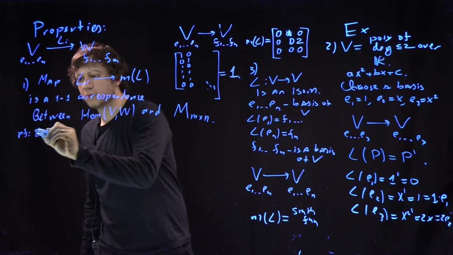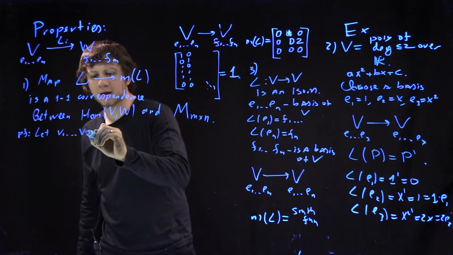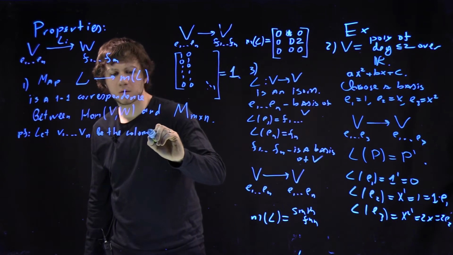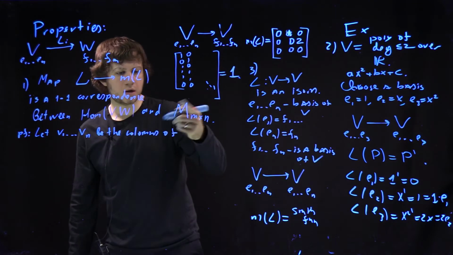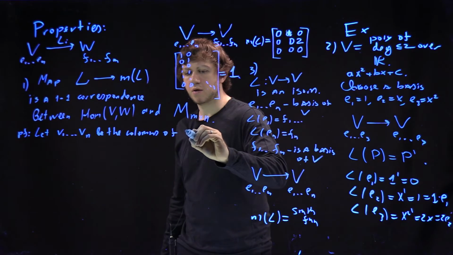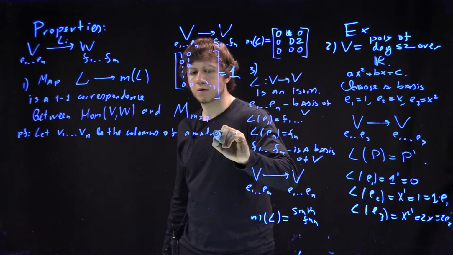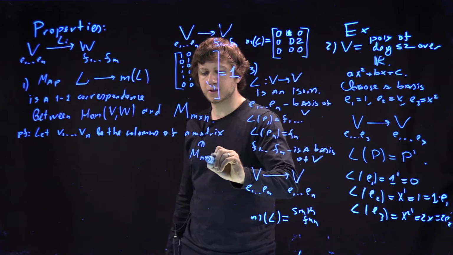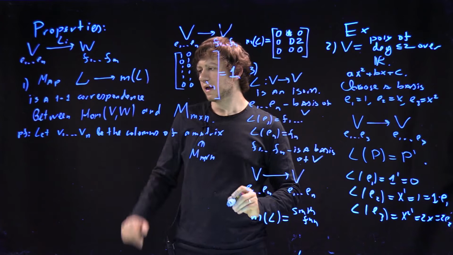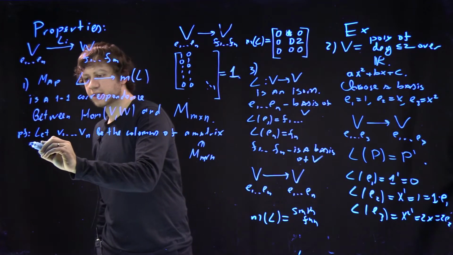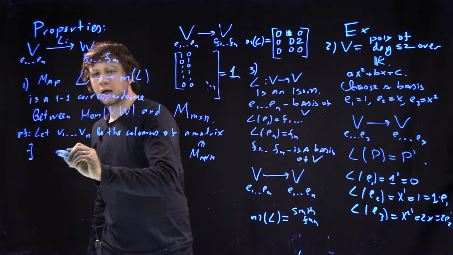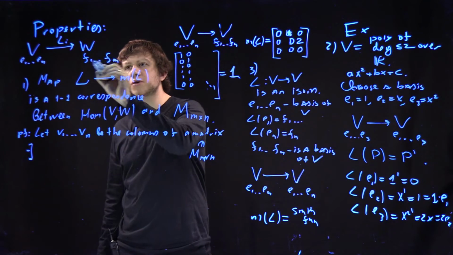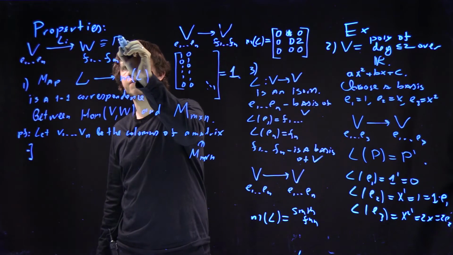proof. Let V1 up to Vn be the columns of a matrix inside these m by n matrices. And then there exists a unique, so I think of these columns as vectors inside W because I use this basis to identify W with F^m.